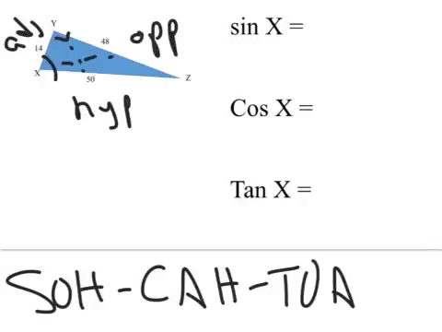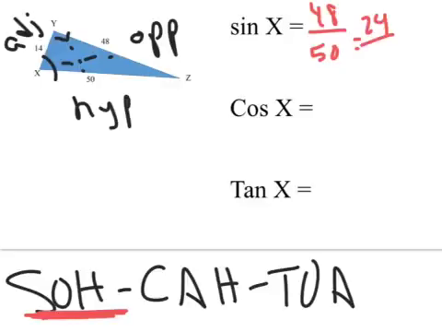And that leaves adjacent. So the sine of x, our ratio is opposite over hypotenuse. So the length of the opposite side is 48, over the hypotenuse side of 50. We can reduce, 2 goes into both. So 24 over 25 would be our sine of x.